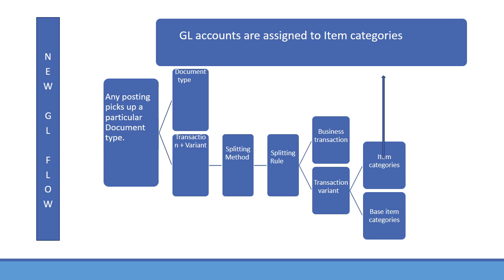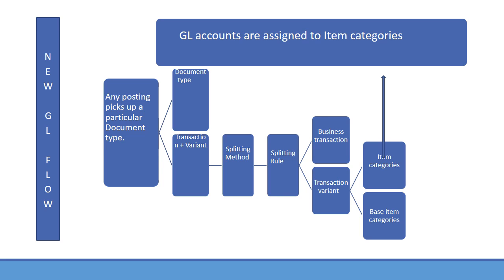So the item categories define in the transaction variant what are the base item categories. See, in every entry there are two items. One is the base item, the other one is the item to be split. So let's say in an expense to bank entry, expense account is the base item, bank account is the item to be split.